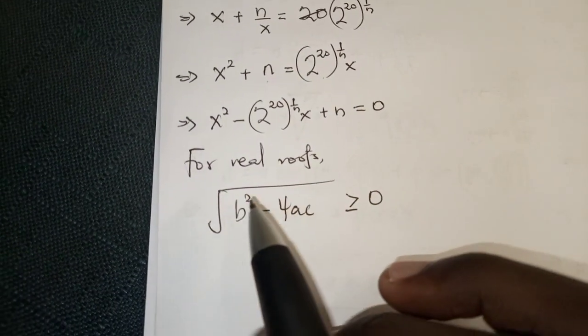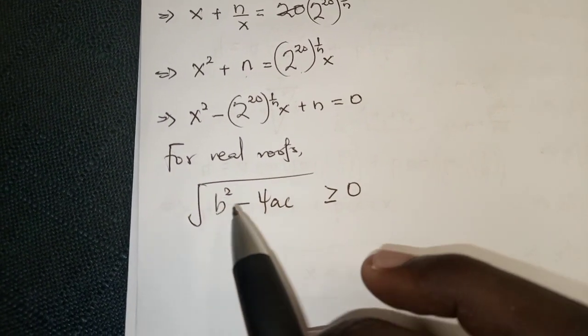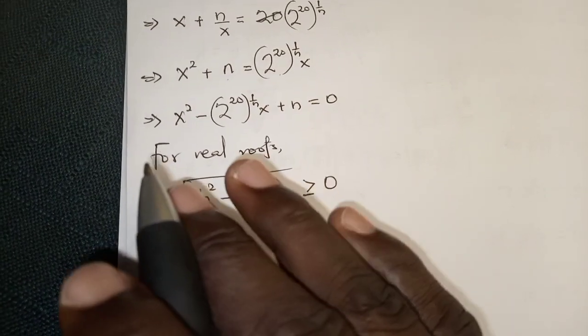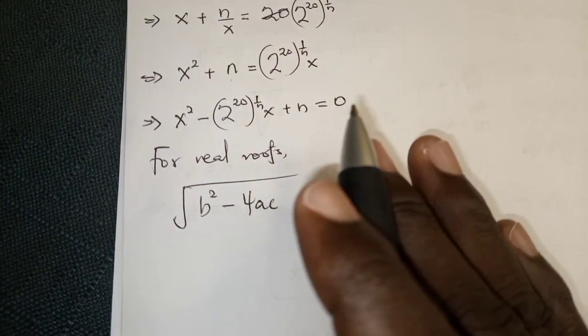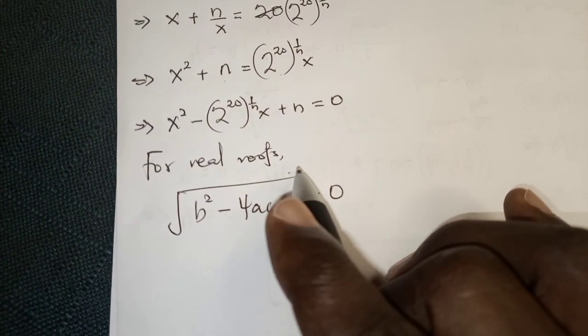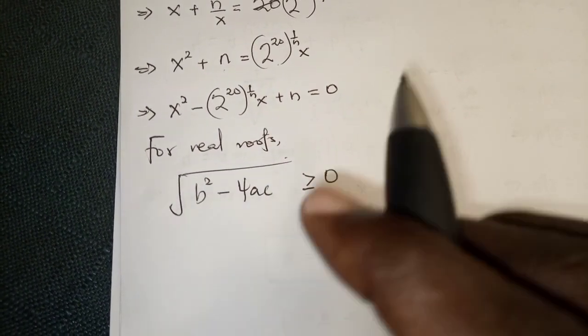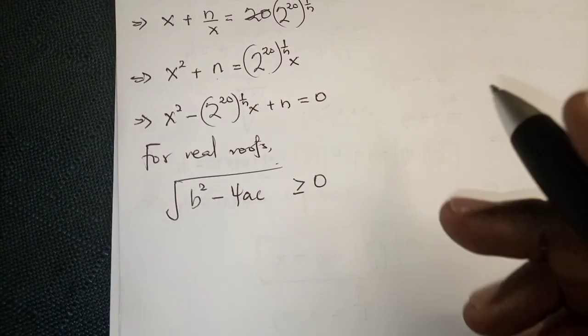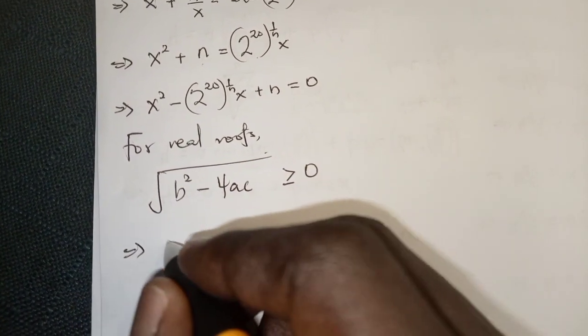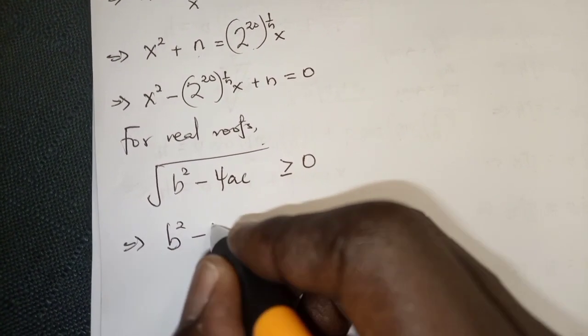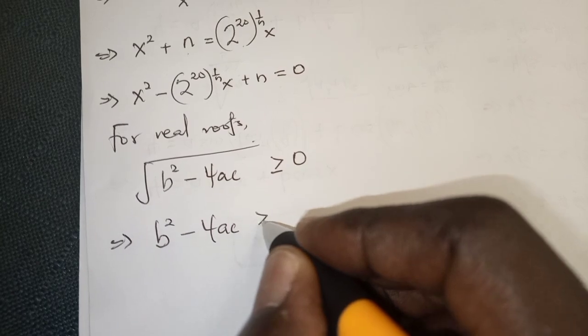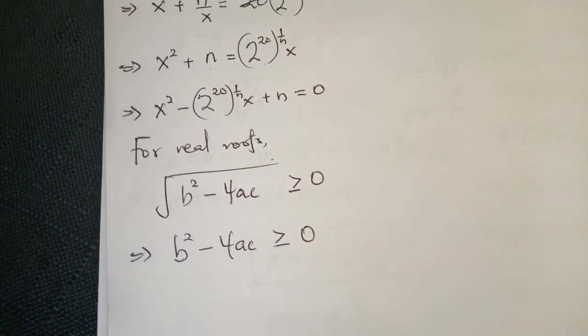Now we can simplify this. Whether you put the square root or not, it's the same thing, because you square both sides, then you clear the square root, and 0 squared is 0. So we have b squared minus 4ac greater or equal to 0.